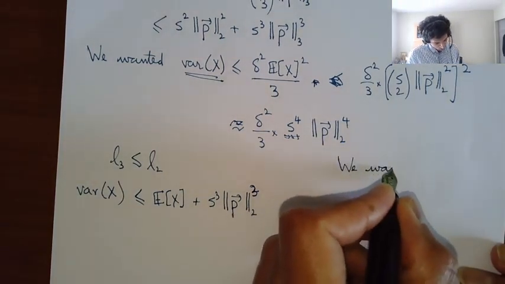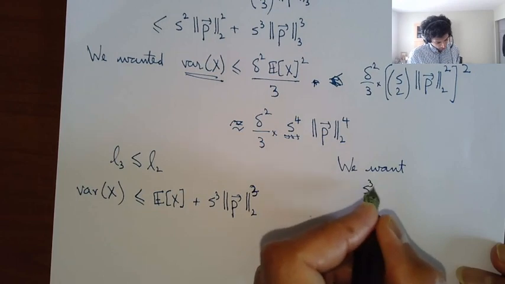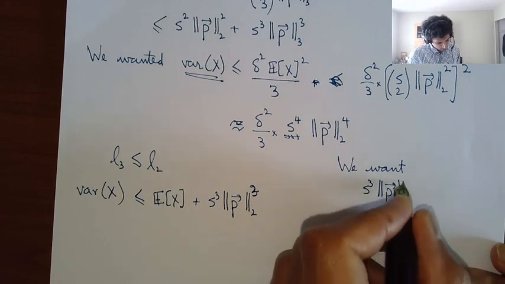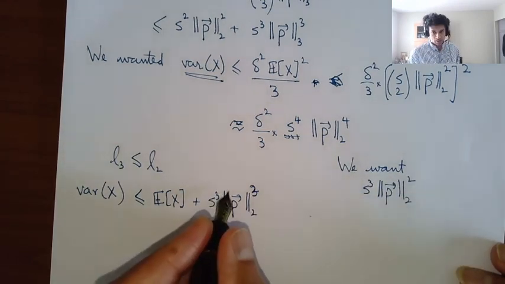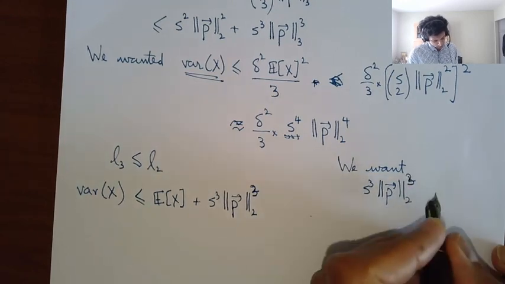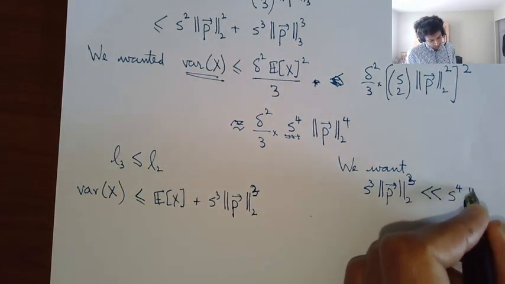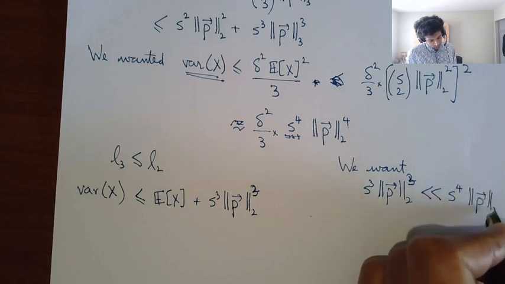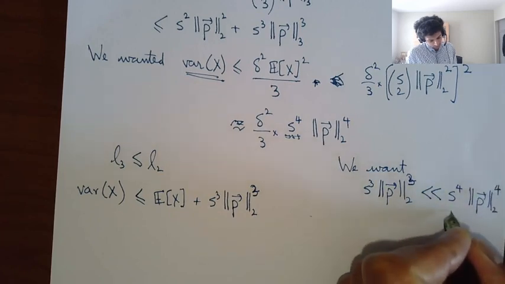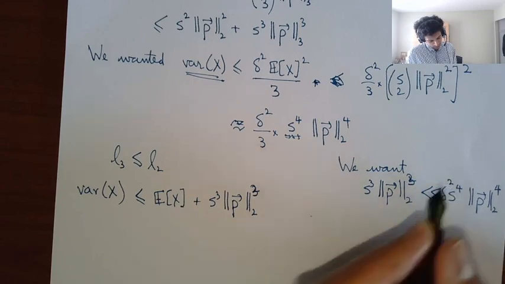We want S cubed and the 2 norm cubed, that's this expression here, to be essentially less than S to the 4th times delta square.